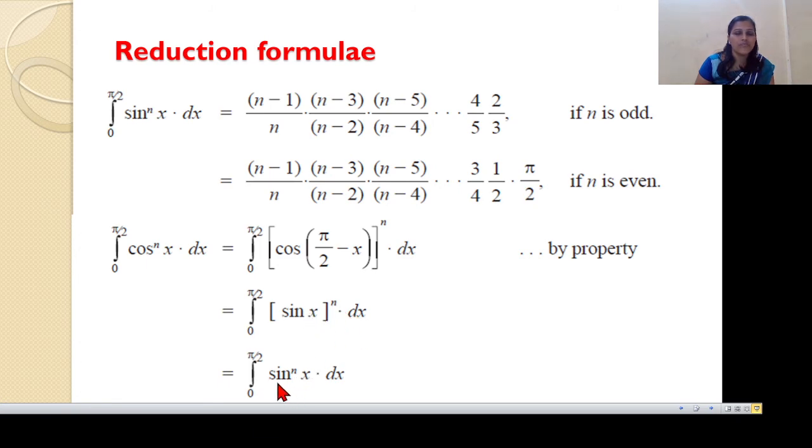This term will be sin raised to n x dx, and we have already seen the formula for integral 0 to pi by 2 sin raised to n x dx in these two cases: when n is odd and when n is even. So you can apply this reduction formula to sin raised to n x dx and also to cos raised to n x dx.